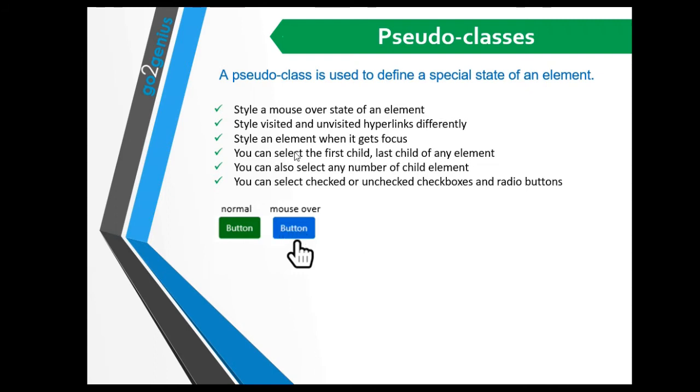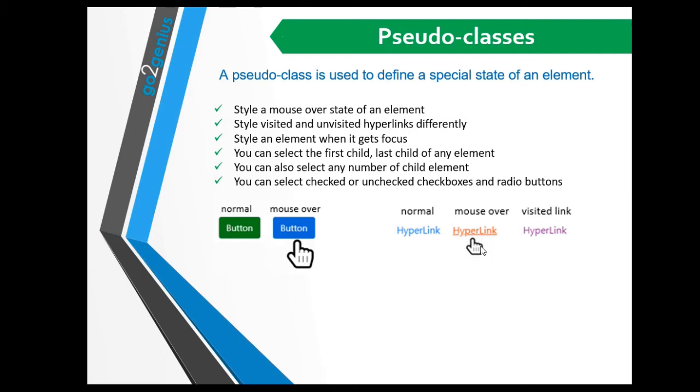Similarly, we can style visited and unvisited hyperlinks in different colors. Let's see the example for hyperlinks. In normal state, we have the blue color for the hyperlink.